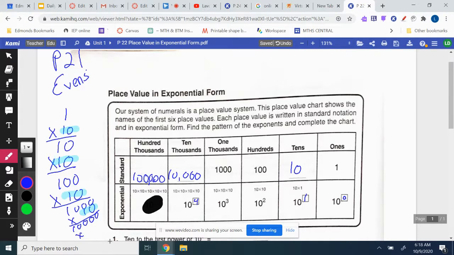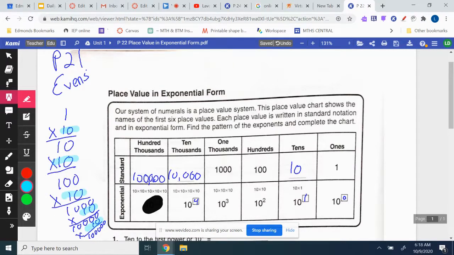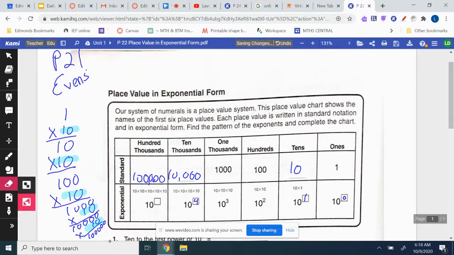Let's multiply this by 10. I know it's getting all scrunched up there, but we could still do it. And I get 100,000. Again, I use the same base. And now I have it 1, 2, 3, 4, 5 times, 10 to the fifth power.